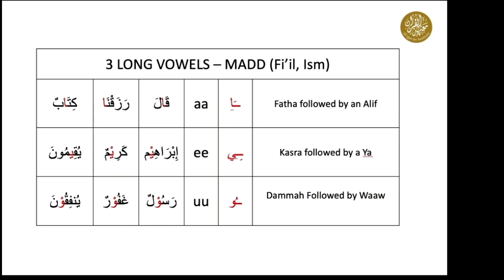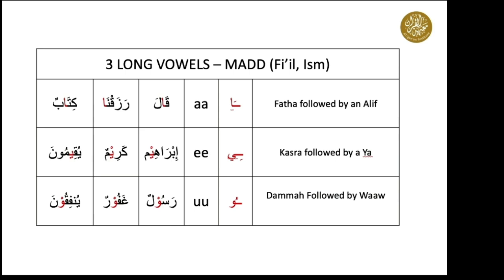The letter ya is used in the long vowel i. The letter waw is used in the long vowel u. Long vowels stress upon a given vowel. Same thing exists in English.